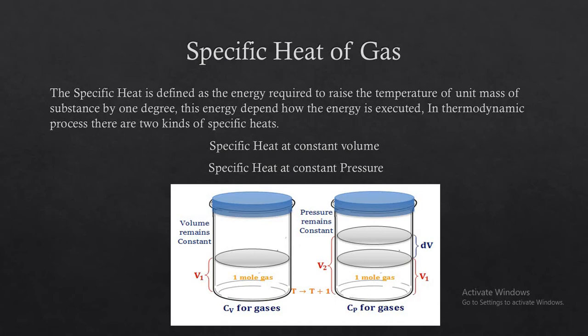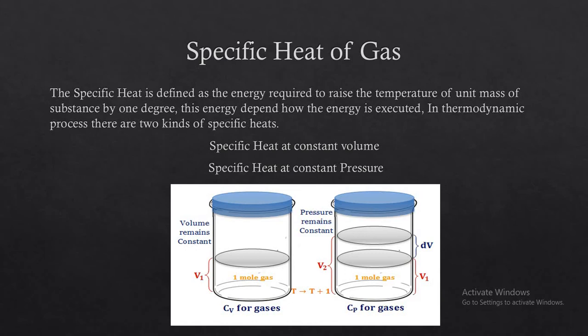Therefore, it is desirable to have a property that will enable us to compare energy storage capabilities of different substances. This property is the specific heat. The specific heat is defined as the energy required to raise the temperature of a unit mass of a substance by 1 degree.